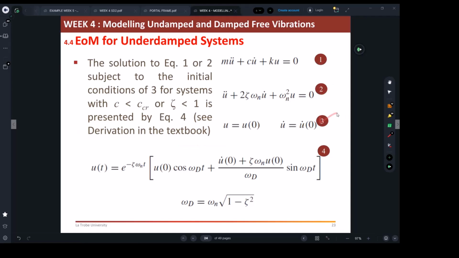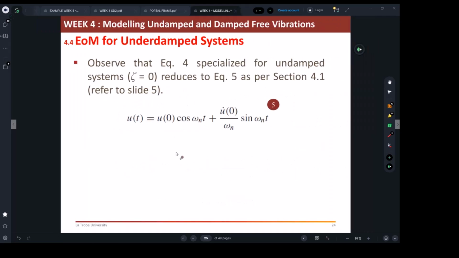Equation number 3 are the conditions, which we have to use to solve our homogeneous differential equation. Then here is the solution. See how complicated it is. That's the solution, and this is when our damping constant is less than critical damping.